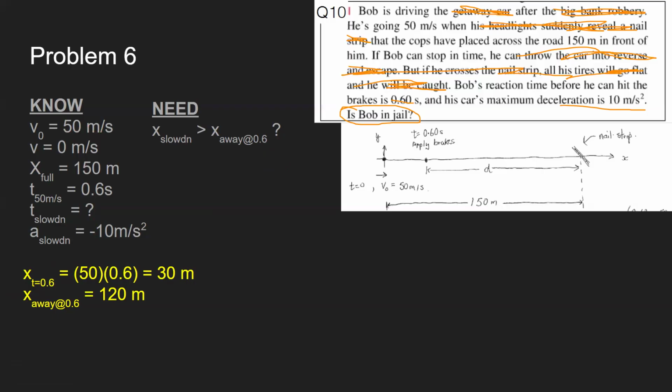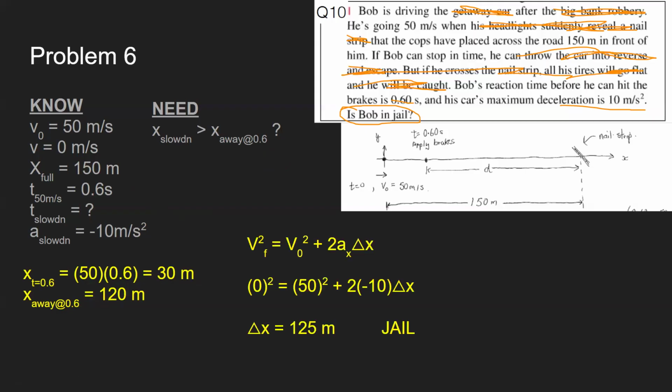I've said this already so many times, distance we can write as velocity times time. So 50 meters per second for 0.6 seconds, he goes 30 meters in that time. So that means once he starts slowing down, it will be 150 minus 30. So when he starts slowing down, the spike strip is 120 meters away.